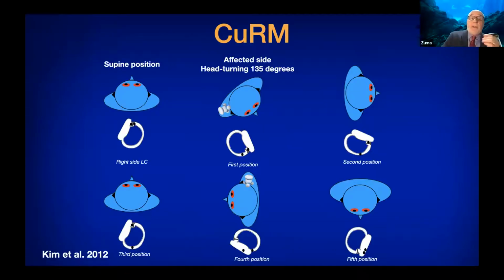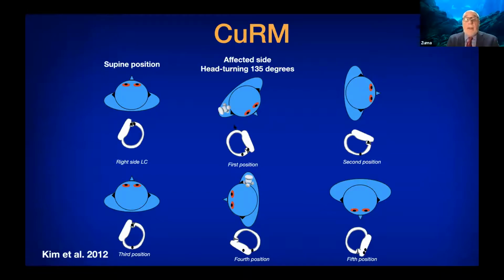This is an interesting paper written by Kim in 2012, the cupulolithiasis reposition maneuver. They start the patient in the supine position. After that, the second step, they turn the patient to the affected side 135 degrees, so return 45 degrees to the unaffected side. The third position, the supine position, 90 degrees.